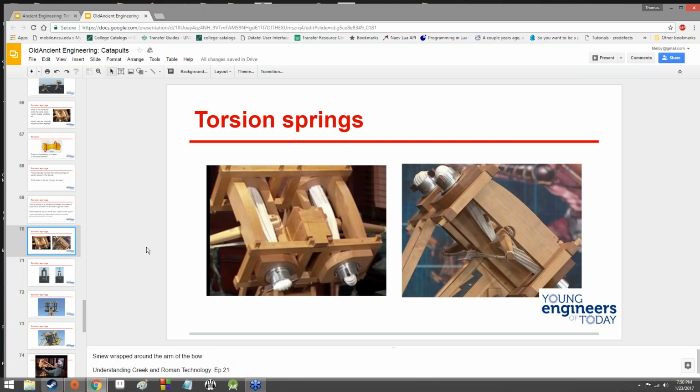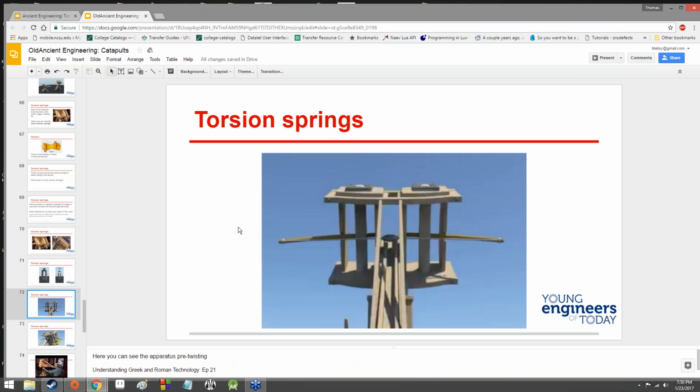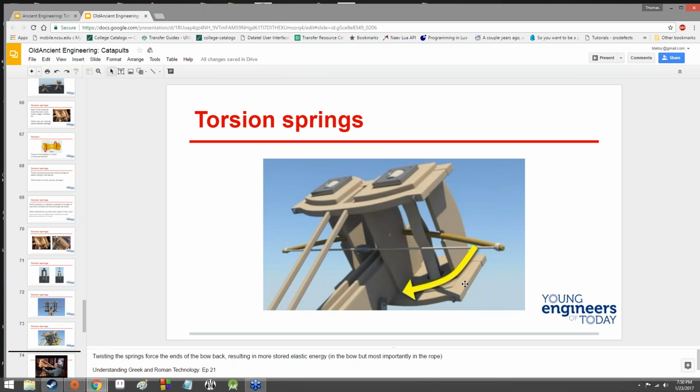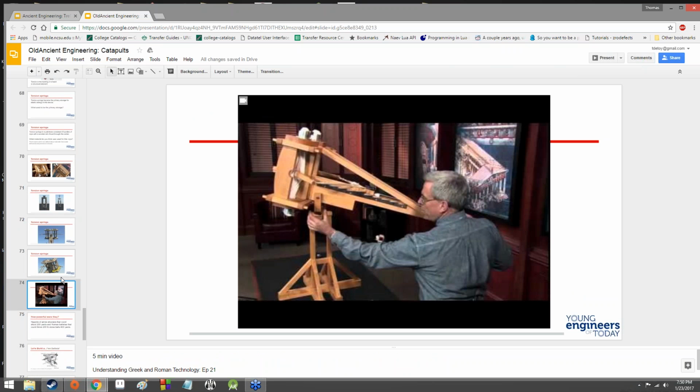Here's actually that housing for each of those bundles of rope. But anyway, yeah, it would be pulled down and it would twist this entire mechanism, and the rope would twist, and it would be storing up torsion energy.